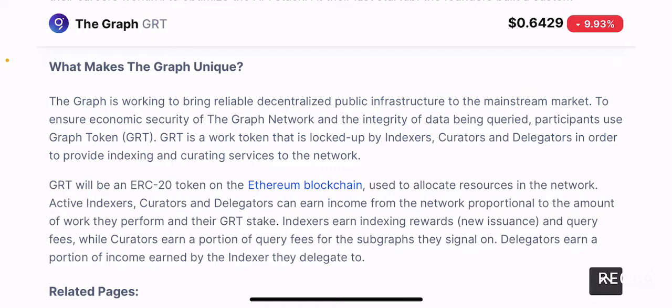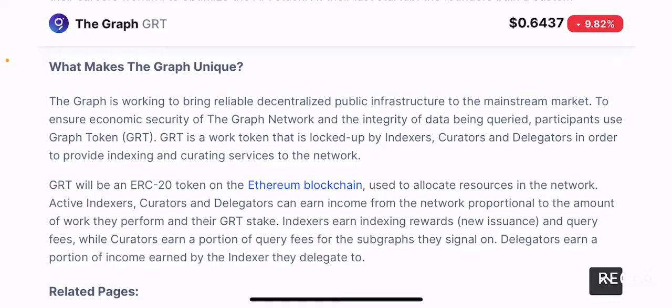And if you see, they are providing people with incentives in the form of GRT tokens in order to encourage people to query and make the information of higher and higher quality, right? So that's one of the main use cases of the Graph token, which is an inflationary incentive reward.